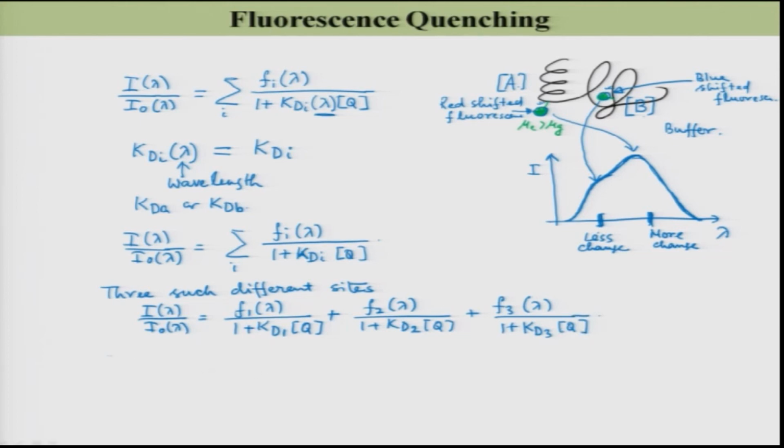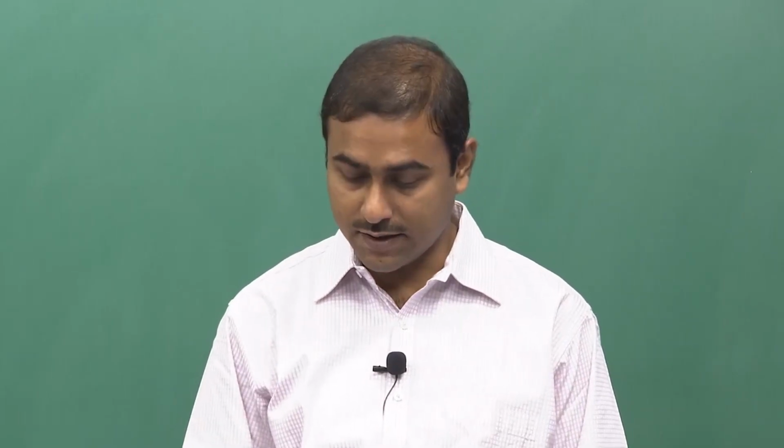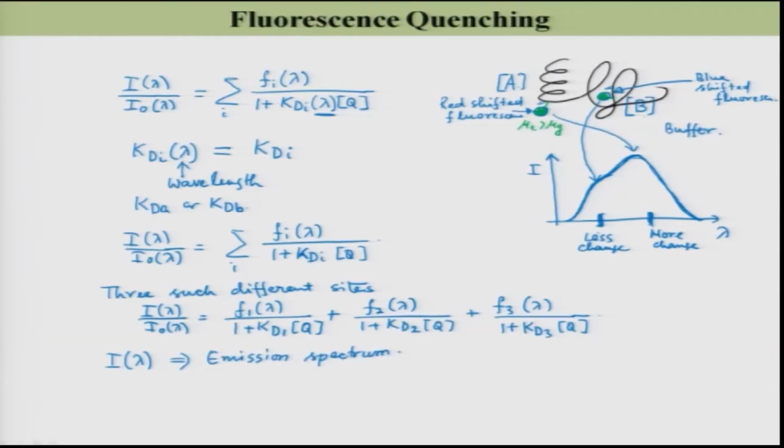Now, I lambda denotes my emission spectrum. This I lambda has the components of 3 different species, for f 1, f 2 and f 3.